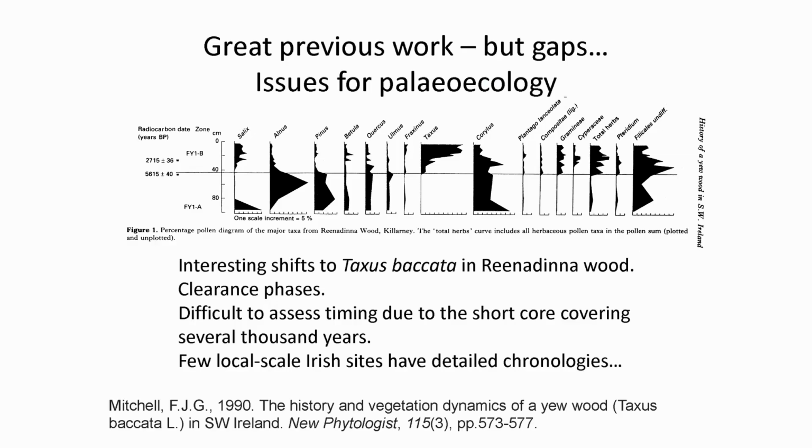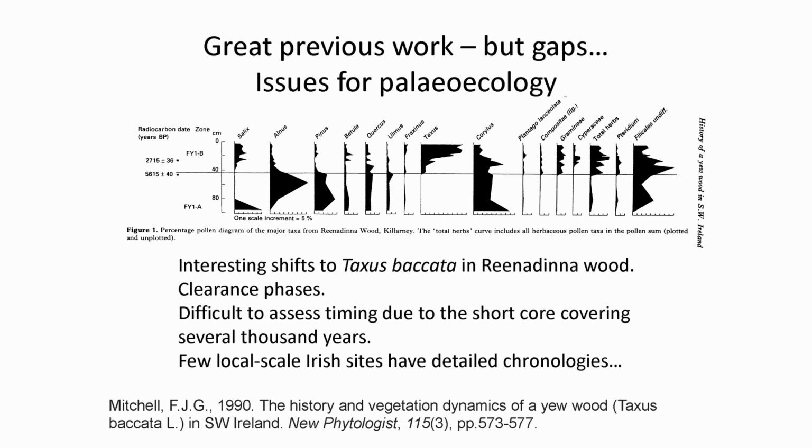An example of this is one of those diagrams that does exist, and there are quite a few in the Kerry-Killarney region. This is a diagram by Fraser Mitchell, done in the 1990s, on the history and vegetation dynamics of a yew wood.